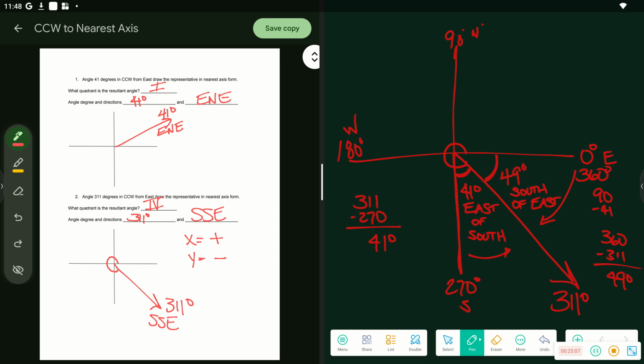How many degrees are in a circle? 360. Right? So keep in mind your descriptors. I'm moving south. If I go this way, I'm going east of south. Then you have your measurement. But if I'm moving easterly and I come down, it's going to be whatever that degree is south of east. All right?